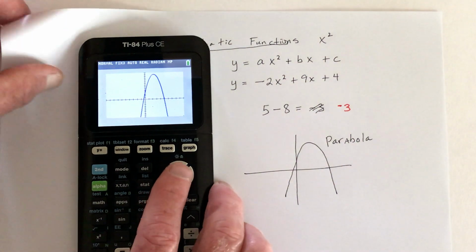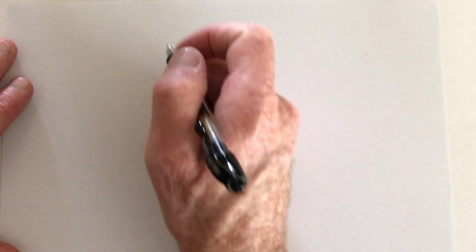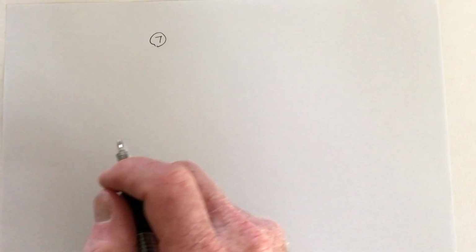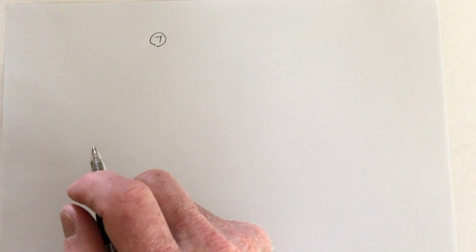Okay, back to, so that was just the calculator part. We still need to do the math part. So example number 7, I believe it is. Okay, if it's not, then let's just pretend it's example number 7.